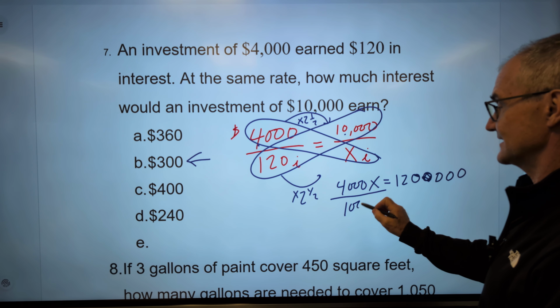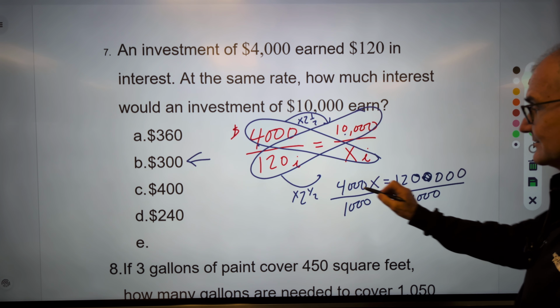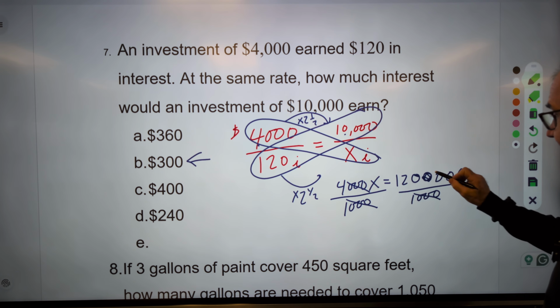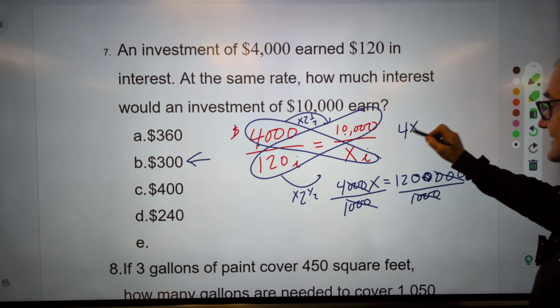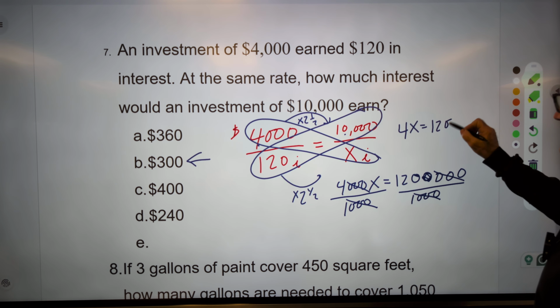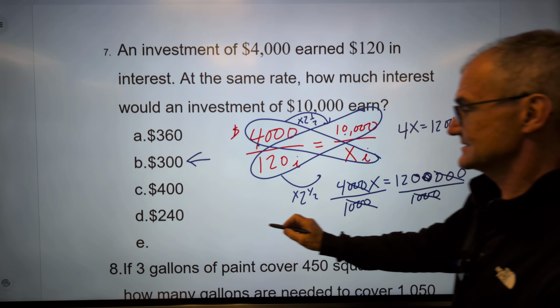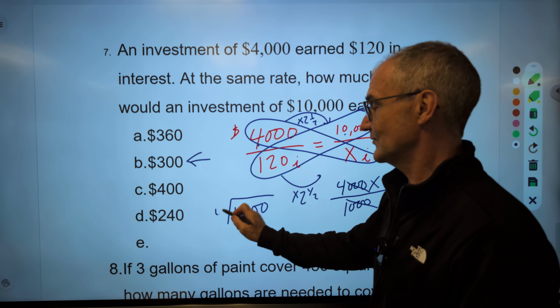I'm going to divide both sides by 1,000. And that's going to get rid of those 3 zeros, those 3 zeros. Now I have 4x equals 1,200. Divide both sides by 4 is saying I have 1,200 divided by 4.